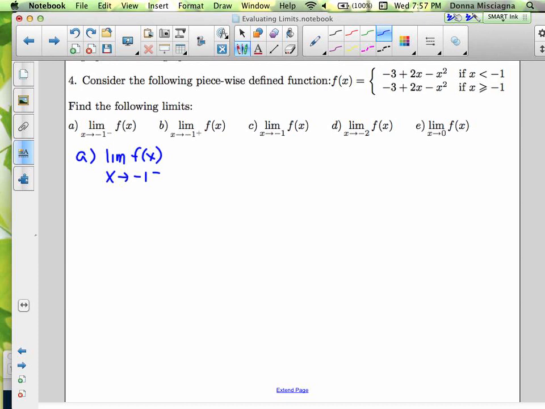Let's just change this one because it's a little bit like the last one. And I'm going to make that when x is less than or equal to. Oh, sorry. We already had the less than or equal to.